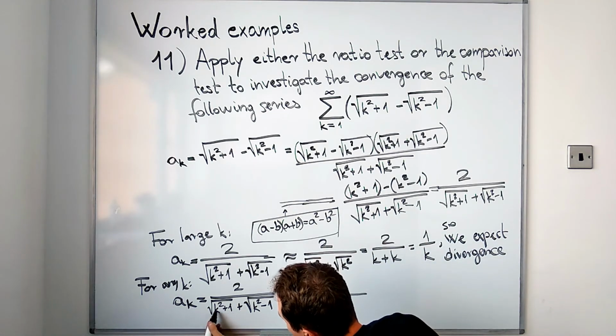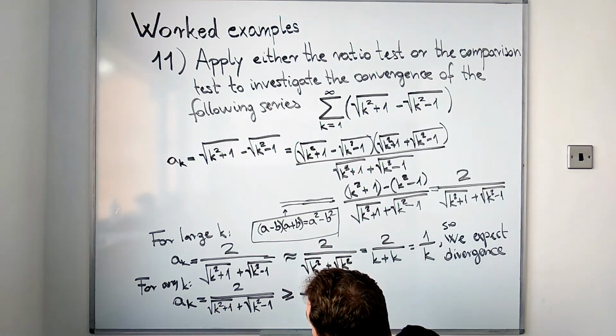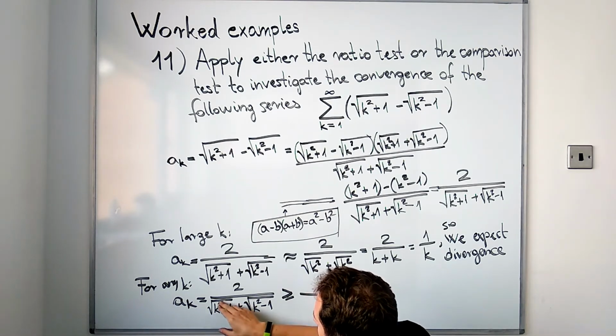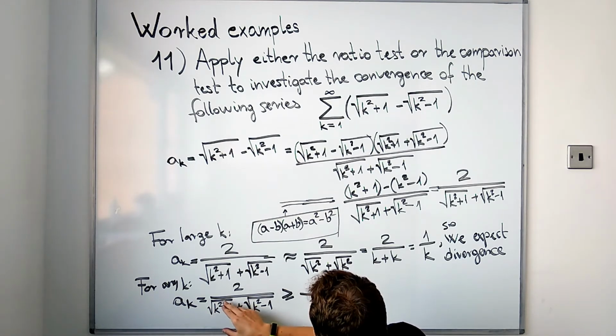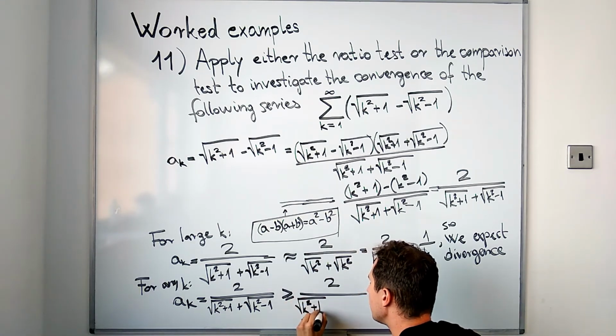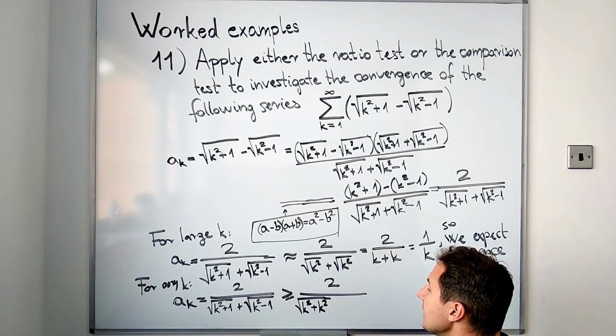How do we do that so that we are moving towards 1 over k? Well, we want to have some k squared by itself. Certainly one good way to do that is to replace that plus 1 by plus k squared.